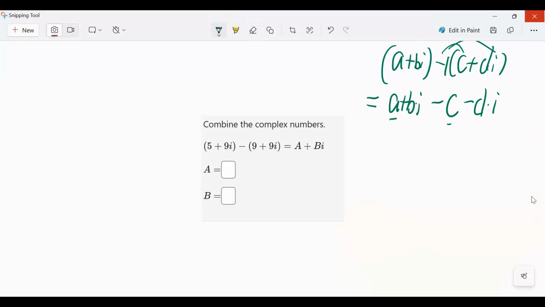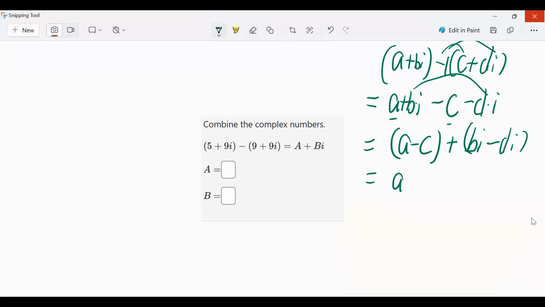Again, you put the real parts together, so you get A minus C. The other one, you put the complex parts together, Bi minus Di. From there, you will just factor out the i. It's A minus C, B minus D, and then i goes outside, right? So this is the real part, that's the complex part.